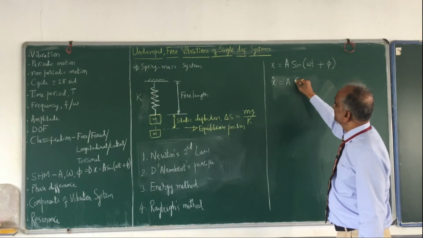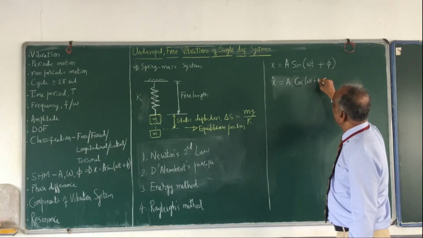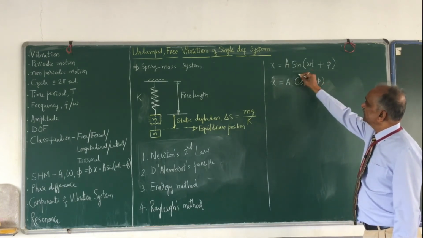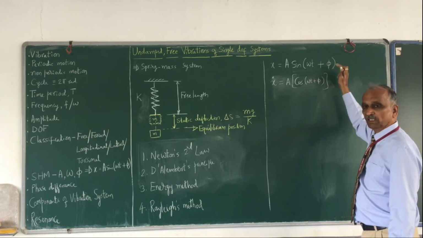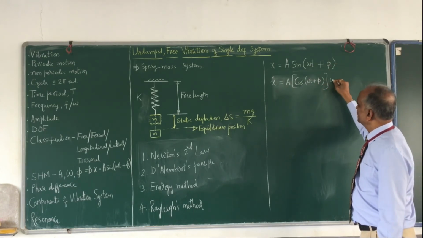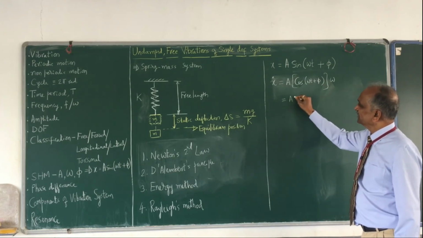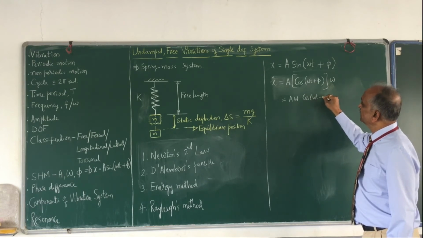Differentiation of this is cos of omega t plus phi, multiplied by the differentiation of omega t plus phi, which is nothing but omega. So I shall write it as A omega cos of omega t plus phi.